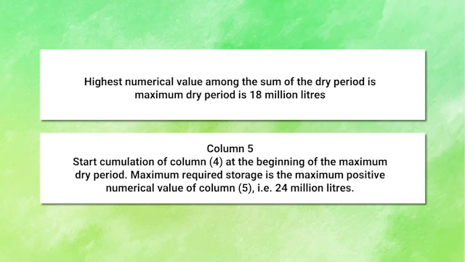Now we will talk about column 5. Start cumulating column 4 at the beginning of the maximum dry period. The maximum required storage is the maximum positive numerical value of column 5, which is 24 million liters. So in this way we can get the answer.